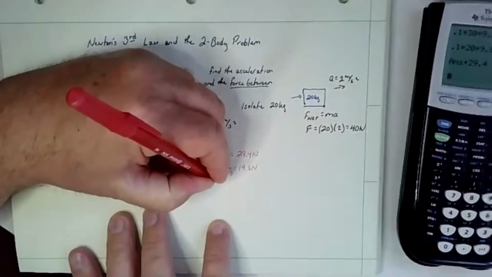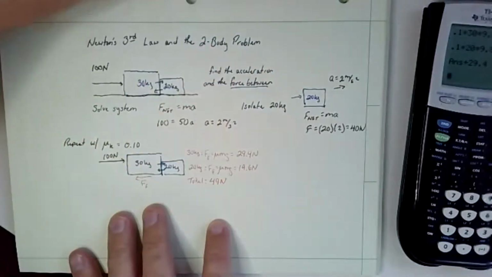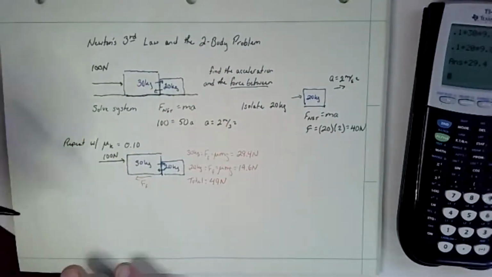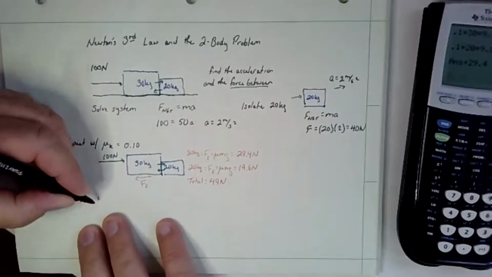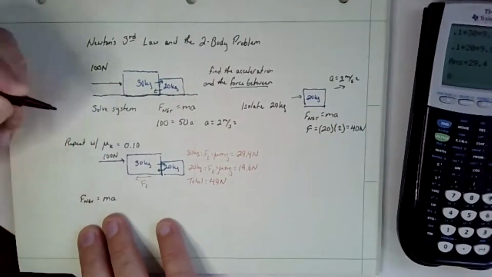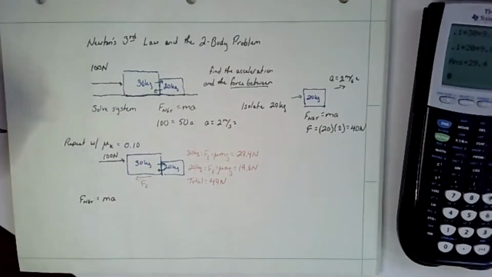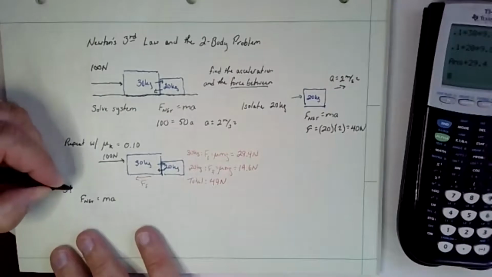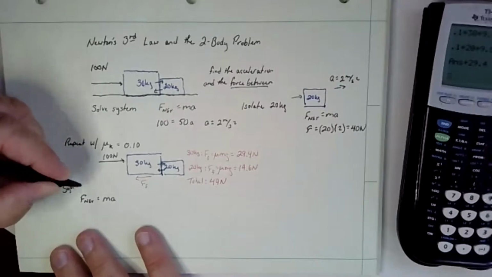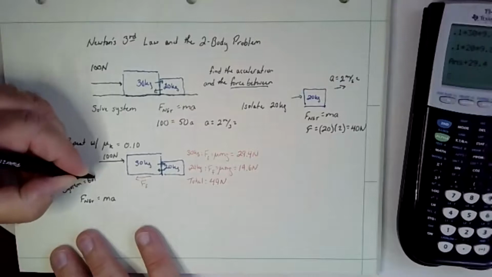All right, so we're taking care of the friction part. So F net equals MA. And we're doing our system, which is both masses.